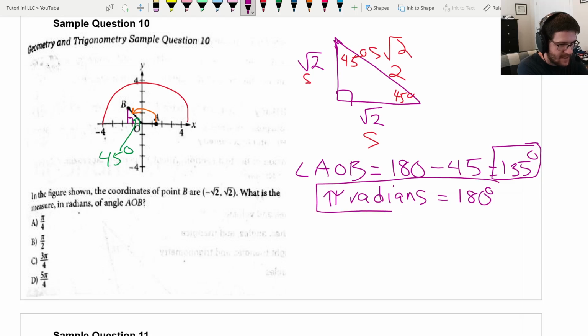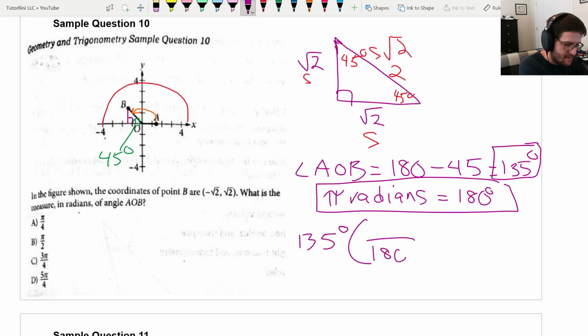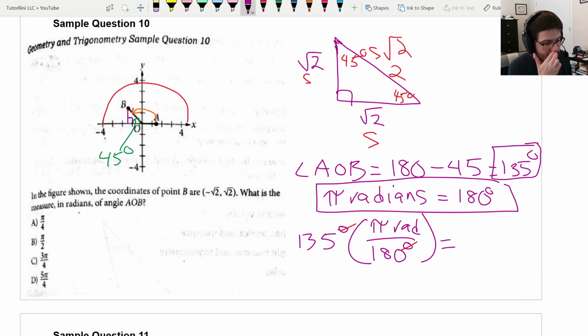Don't really know how else to slice that for you. We're going to do a unit conversion, 135 degrees. The 180 goes on the bottom. Pi radians goes on the top. And the degrees are on opposite sides of the division sign, so they cancel. And now we can just put this onto a calculator.